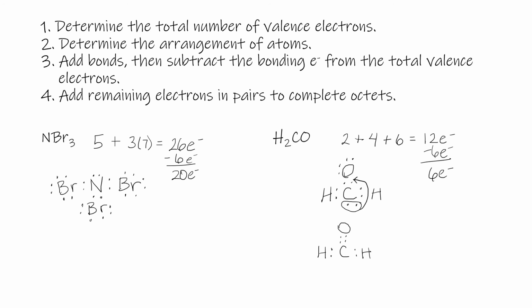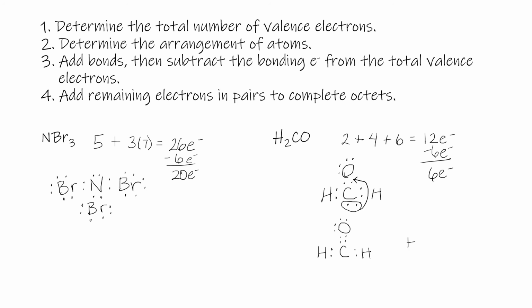I also have my 2 pairs of non-bonding electrons around the oxygen. If we count up the electrons, we still have just 12. But now, because that double bond counts towards both the oxygen and carbon's octet, both have 8 electrons around them. So that would be the Lewis structure, the electron dot structure, for it.